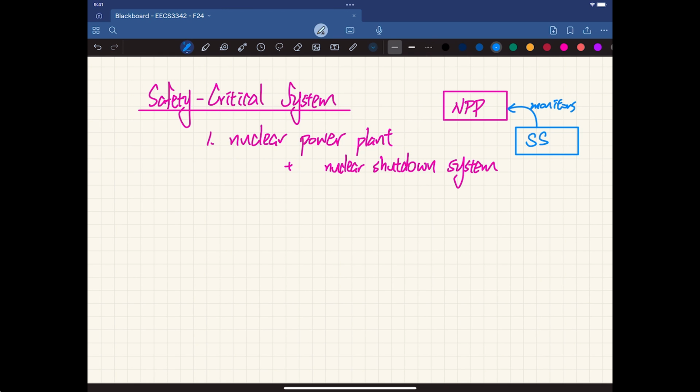And what do you think it should be monitoring, for example? Give me one example. Temperature, I like it, yes. If somehow the shutdown system realizes that the nuclear power plant I'm monitoring has the temperature exceeding a certain threshold, I should shut it down right away for safety. Right? Makes sense.